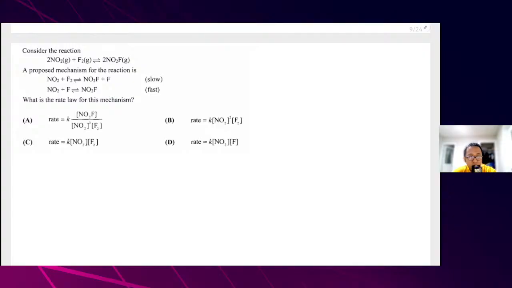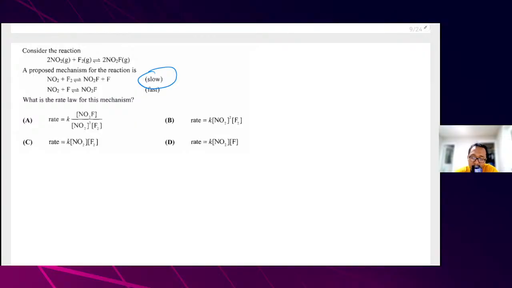What we need to know here is that in kinetics, the rate law comes from the slowest step. So we only care about the slow step. Why? Because the slow step is the bottleneck, and it controls the entire flow.